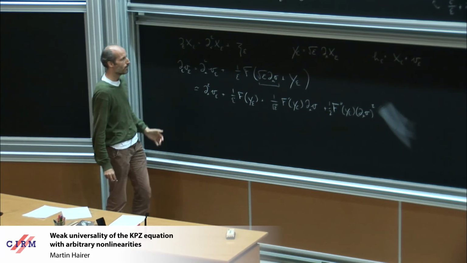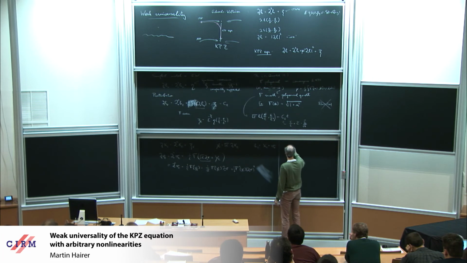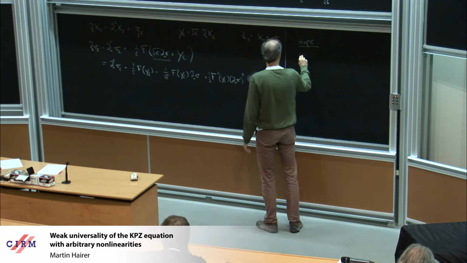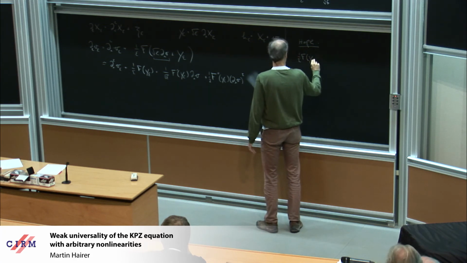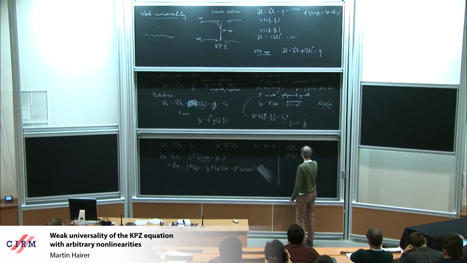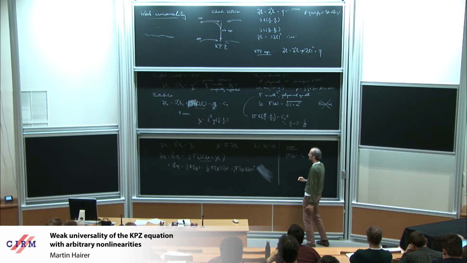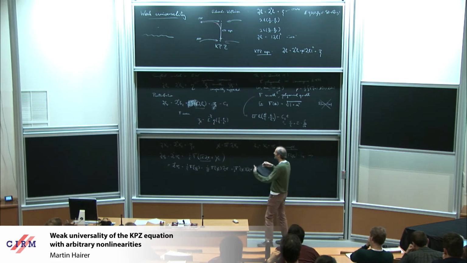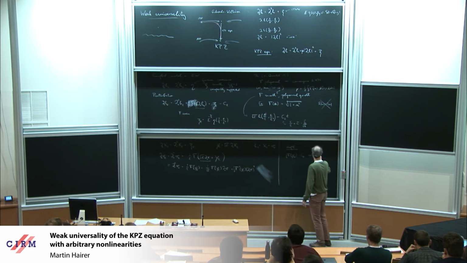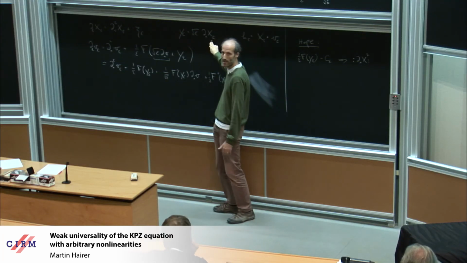And so now what's the hope? Is that 1 over epsilon f of y epsilon, minus a suitable constant, converges to the limiting object, which should be something like a Wick square of the limit of this guy here.